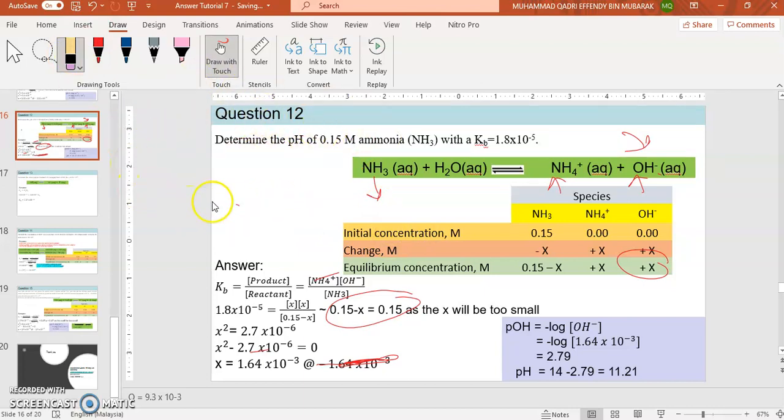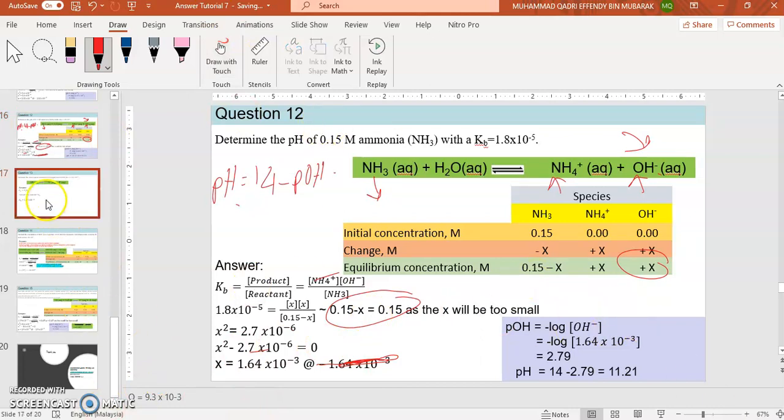Let me write it again in a proper way: pH for a base equals 14 minus pOH. So we have 14 minus 2.79, which gives 11.21. So the pH for our base solution is 11.21.